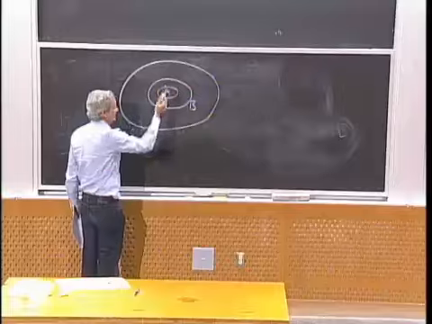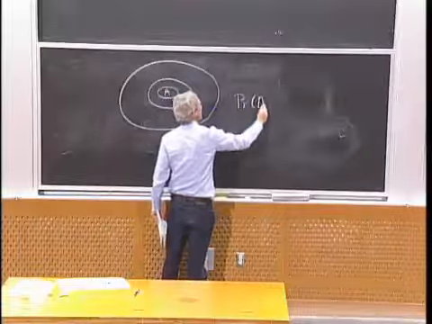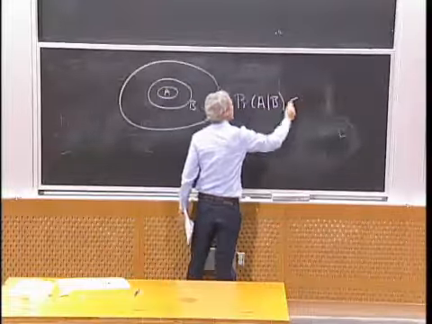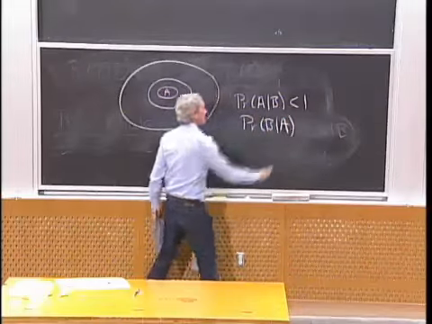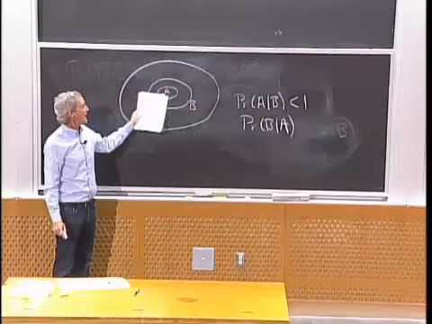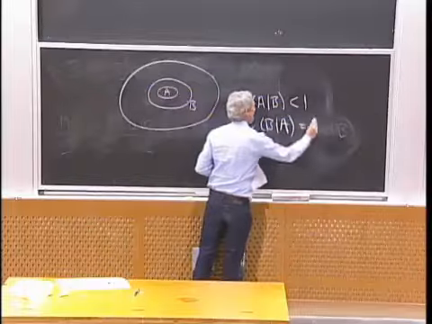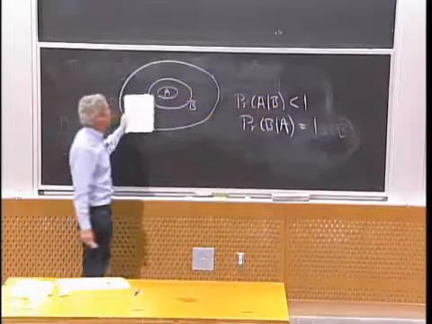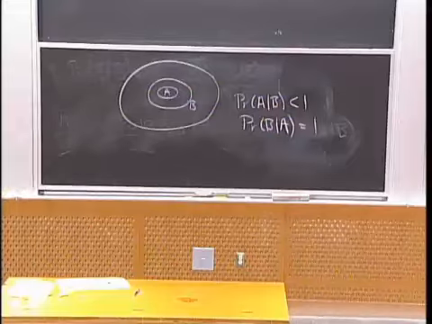Might be, I've drawn it as a third if it was uniform. But in this case, the probability of A given B is less than 1. What's the probability of B given A? 1. Because if I'm in A, I'm definitely in B. All right, so that's an example where they would be different. And that's the generic case. They're different. All right.